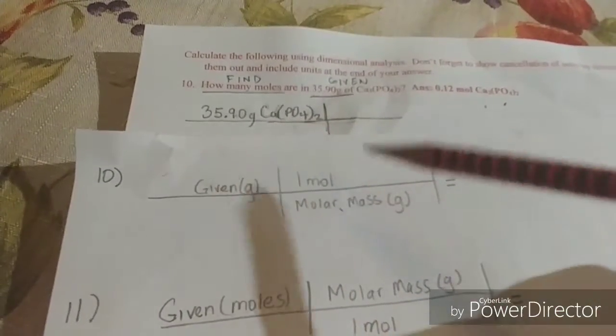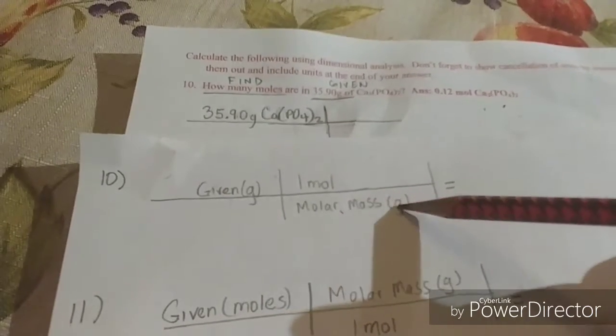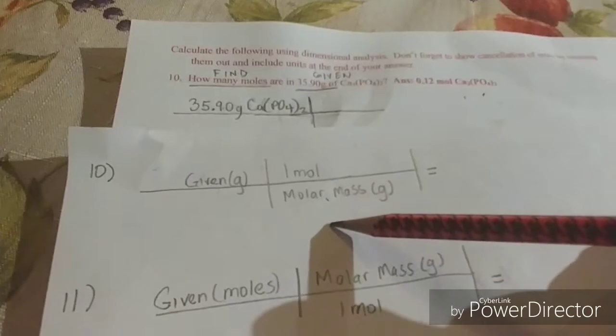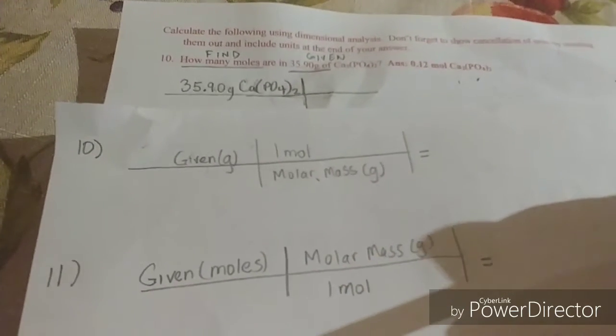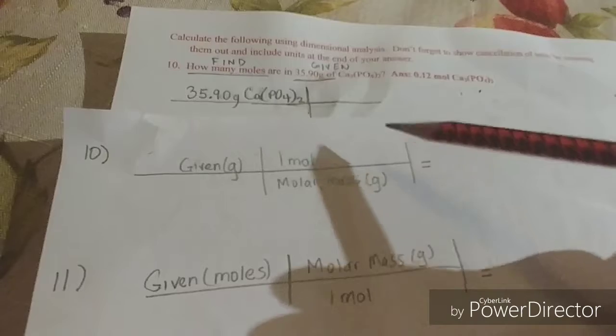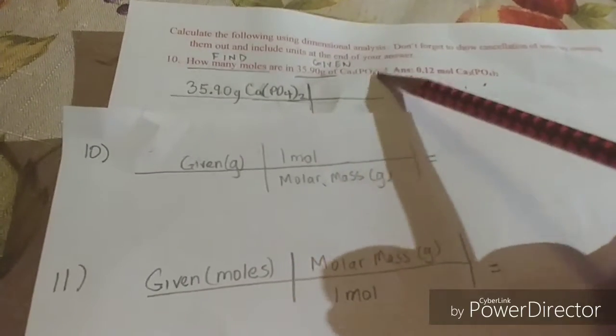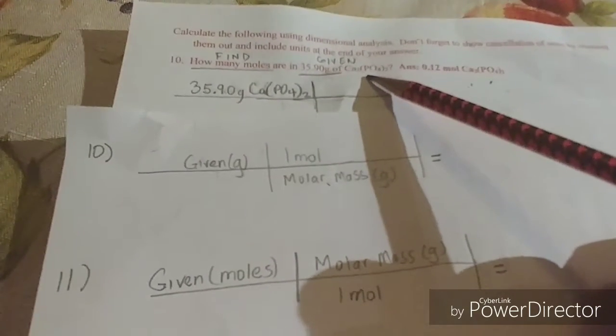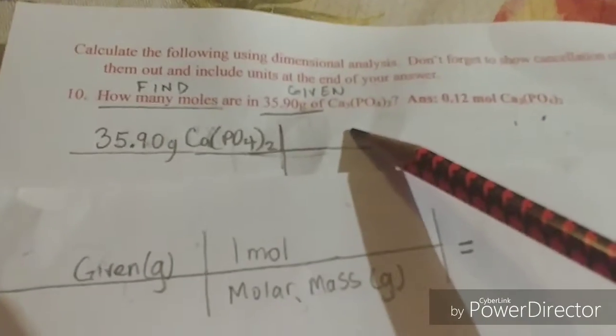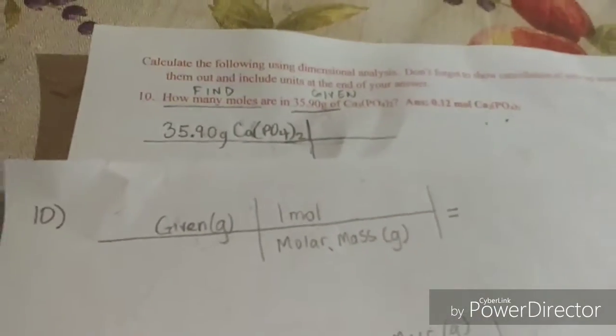According to the notes, it then says to put the molar mass. So you might be asking, molar mass of what? Remember, we just finished talking about molar mass in this video. You're finding the molar mass of the only formula that's in that question, so it's going to be of calcium phosphate.